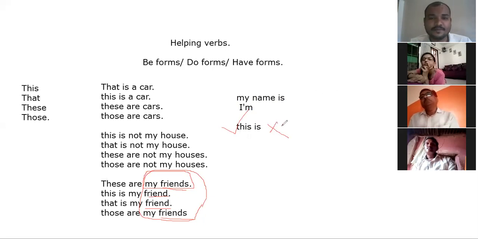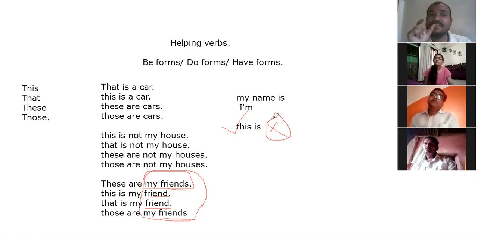How? For example, if you are talking face to face, you should not say, this is Pramod. That is wrong. But if you are talking on the phone, you can say, this is Pramod. There they are listening to your voice, not the human being. Voice is not a living thing.